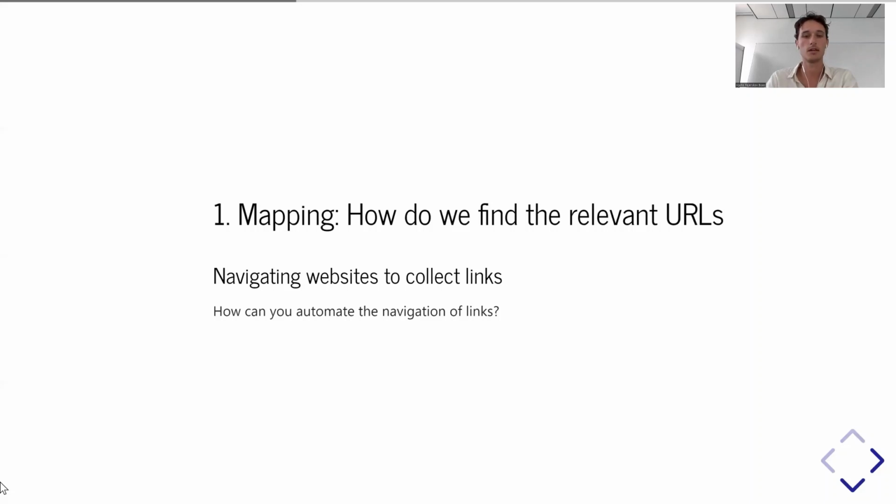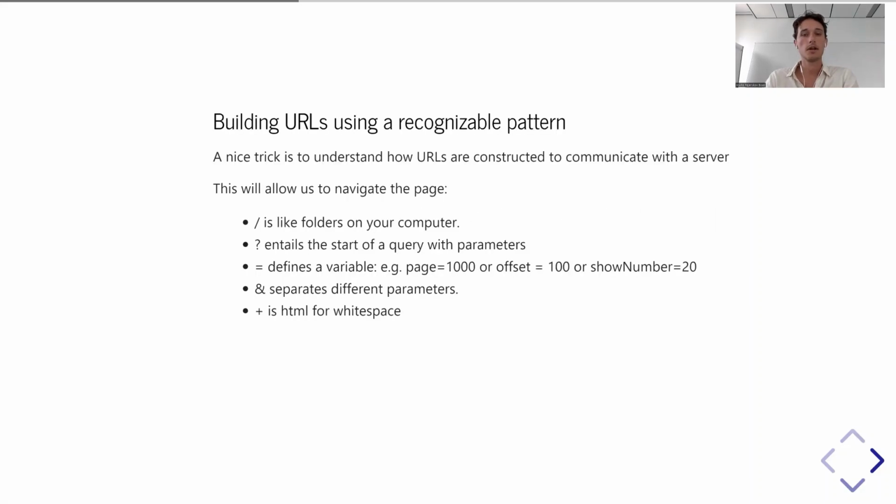So how do we do that? We can exploit that URLs are built using a recognizable pattern. So a nice trick for us is to understand this pattern and how it is constructed to communicate with the server. And here I just listed some examples of how a URL is constructed.